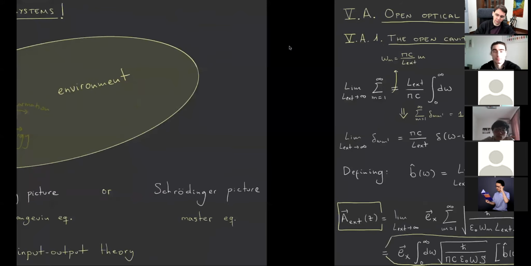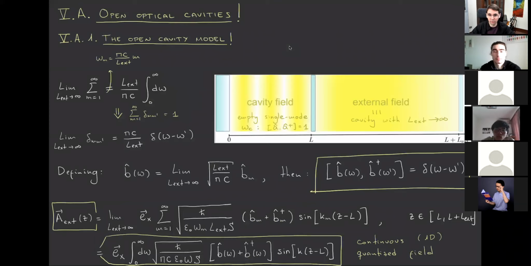So the first thing that we have to do is finding a description of the environment associated to an open cavity and to the interaction between the cavity and the environment. What I showed you is that essentially the field outside the cavity, let's say in free space outside the cavity, can be described with an electromagnetic field composed of a continuous set of harmonic oscillators.